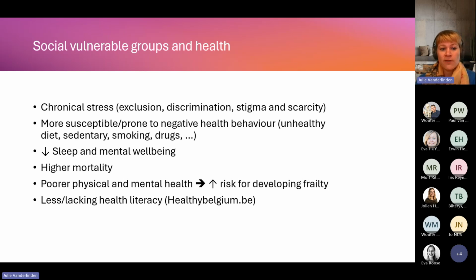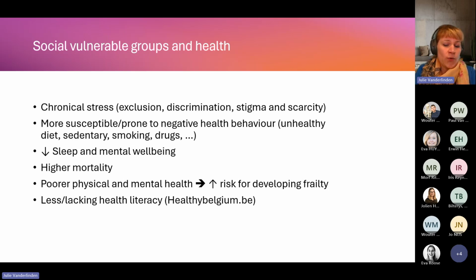And this chronic stress is often related to the exclusion that you might have experienced as part of a group that is looked down upon in society. You might have faced discrimination in terms of housing, education, and health access. You might have felt stigmatized, and there's a lot of scarcity, especially in poverty, when there's not enough food or not enough access to health.